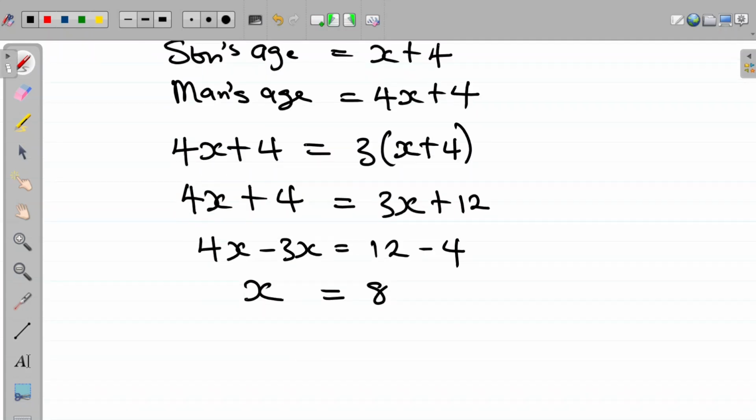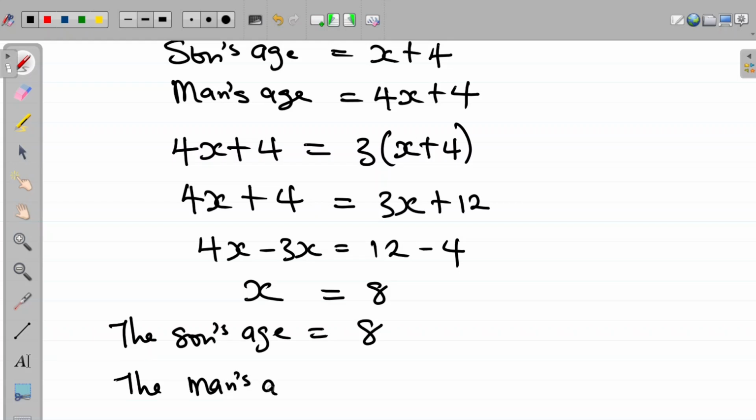So therefore, the son's age is equal to 8, and the man's age is equal to 4 times 8, which is equal to 32.